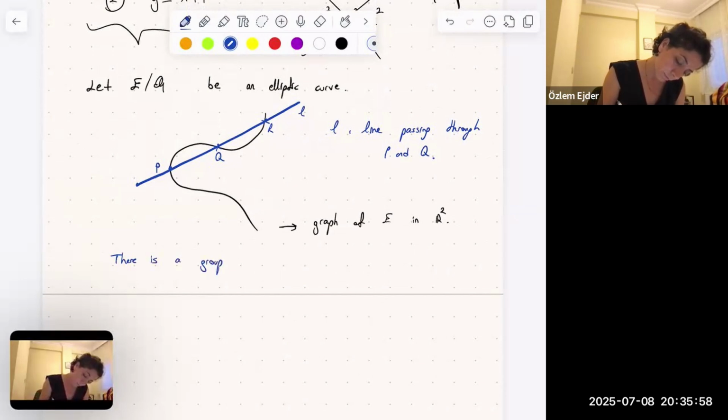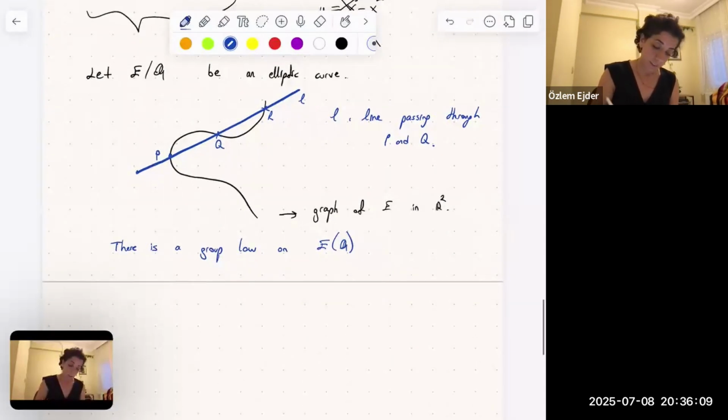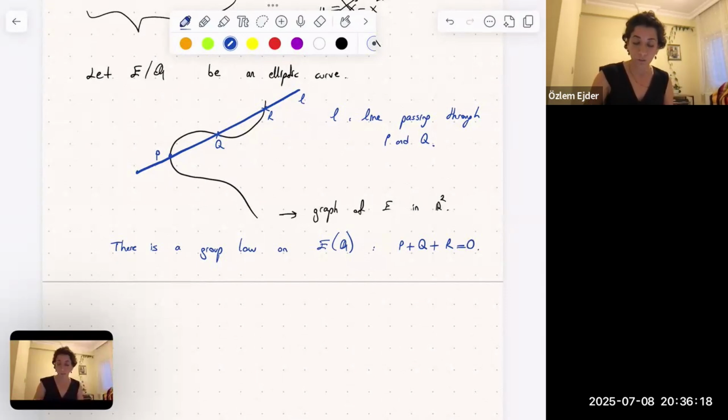You can do this over any field; I'll just write here E of Q. And that says the following: if 3 points on this curve lie on a single line, then their sum is 0. This just means that you turn the set into a group, so there is more structure than just an arbitrary set. And this is your identity element.